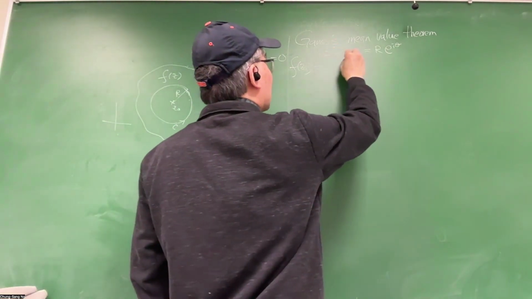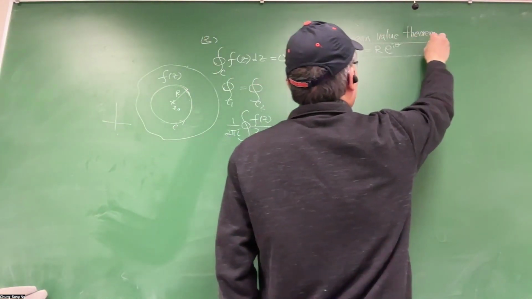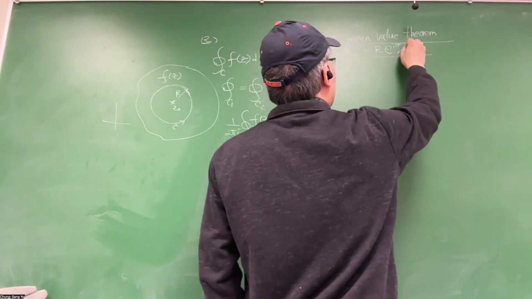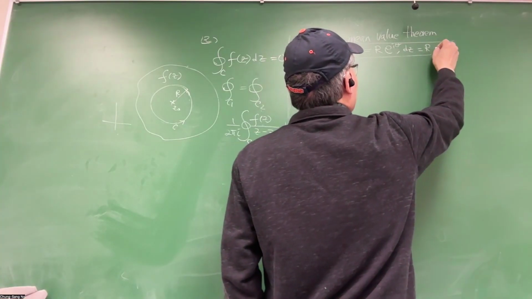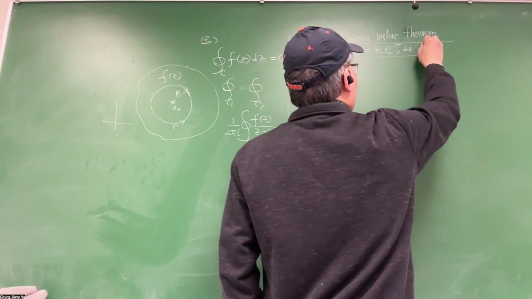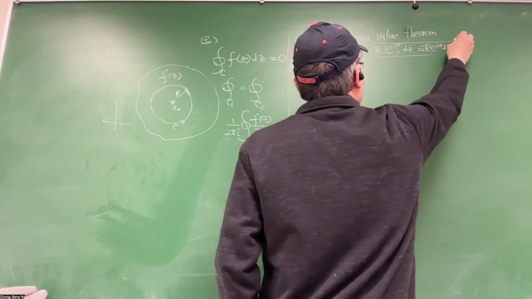I'm writing this because I need to do a little differentiation. The dz would be R e to the i beta, i d beta.